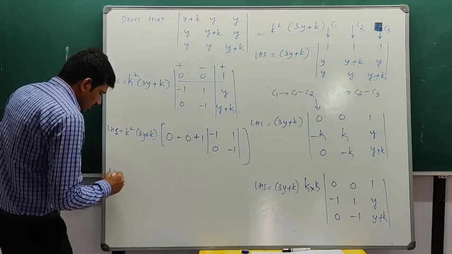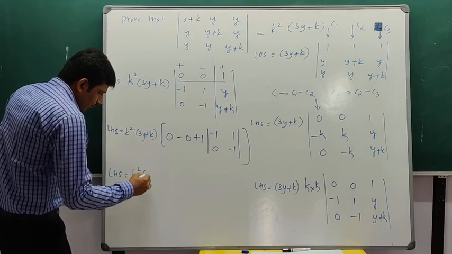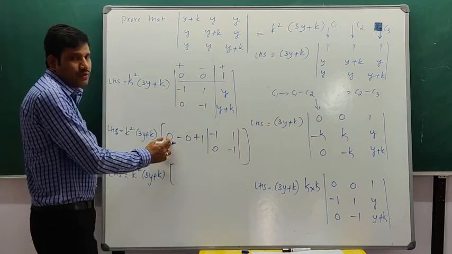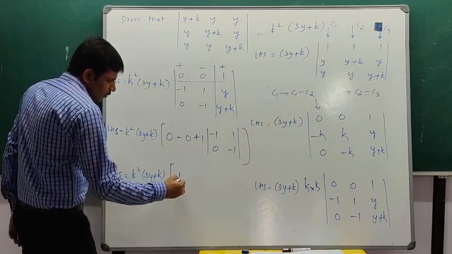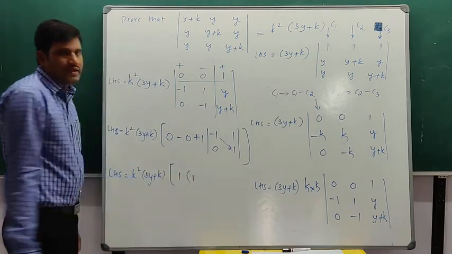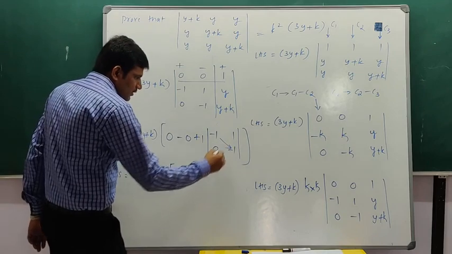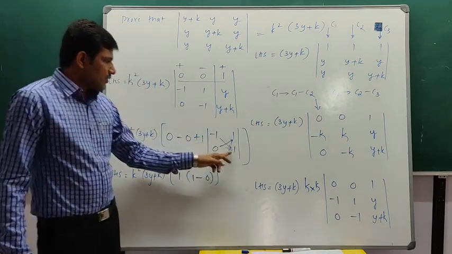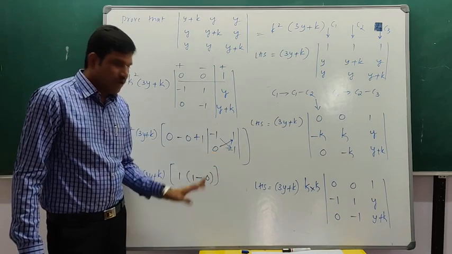Now LHS is equal to k square into 3y plus k. See here. Now it is 0 into anything will be 0, 0 into anything will be 0, 1 into bracket, minus 1 into minus 1 is plus 1, minus 0 into 1 will be 0.